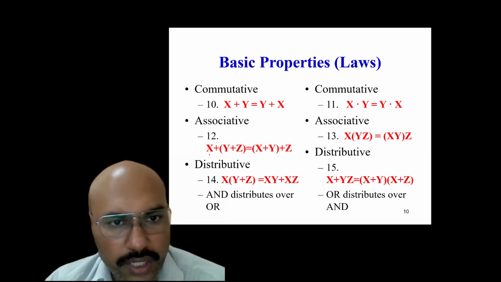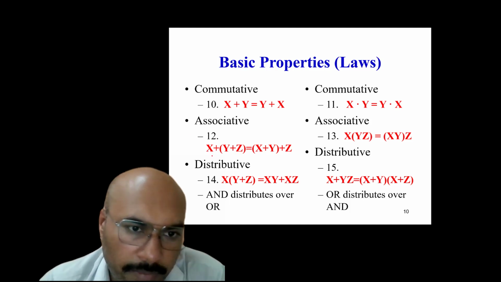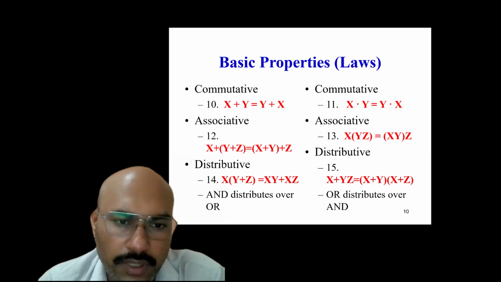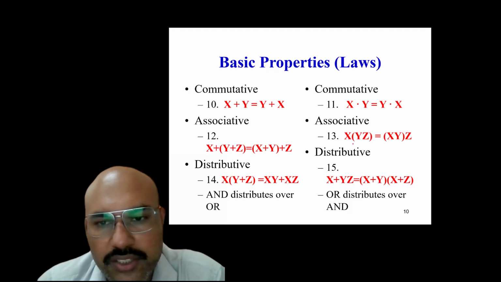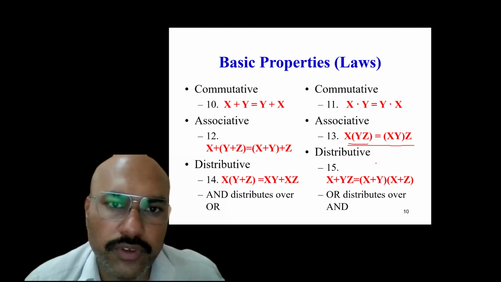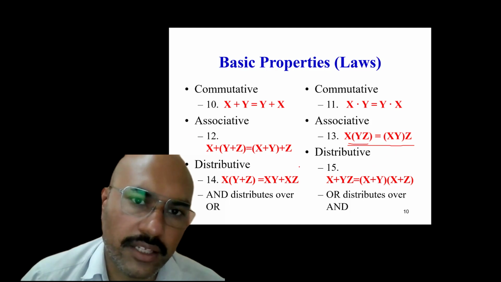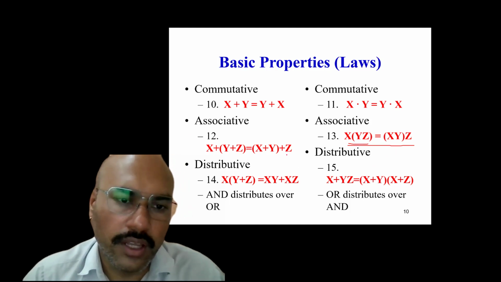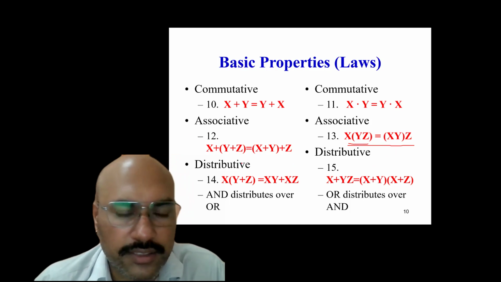If it is an ORing function, you can always write x plus y plus z in either grouping. Similarly, in multiplication, you can always write x y z equal to x y multiplied by z. So no issue here. You can exchange the variables in the commutative law, and in the associative law, you can write it like this.